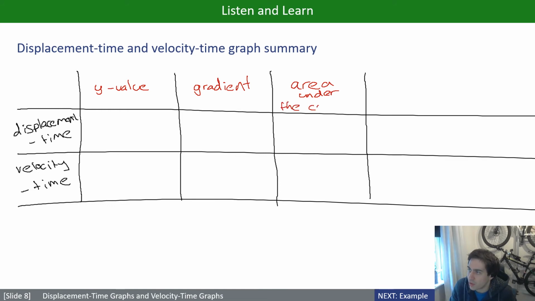And those two, gradient and area under the curve, we haven't explicitly talked about them yet. And finally, what constant speed looks like. I'll also put that here.